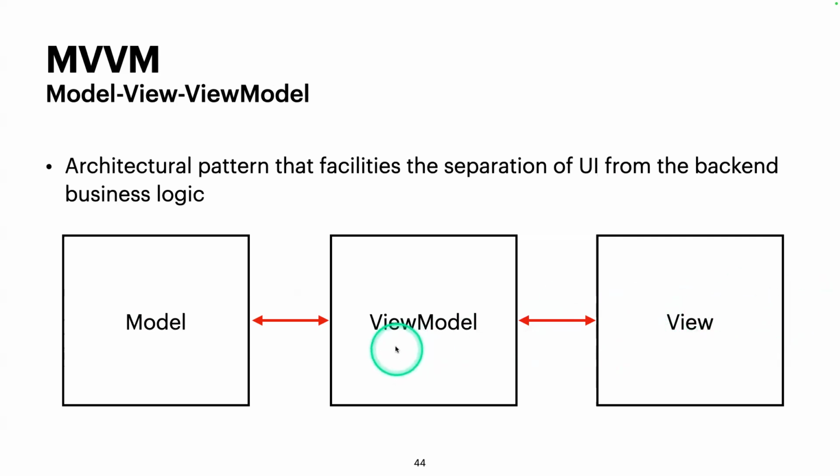So for example, let's say we're creating a game. Our view model might be our game manager, and our model would be a player, for example, a struct Player. Within our view model, we create multiple instances of our player. So how many people are playing our game, we create those player objects within the view model.